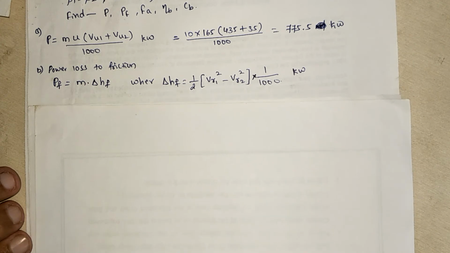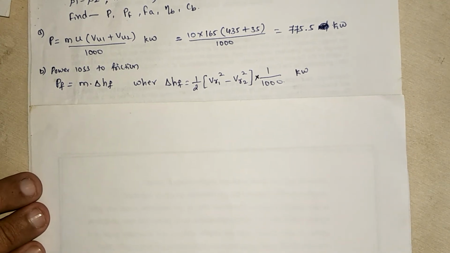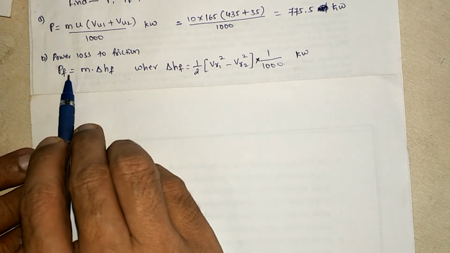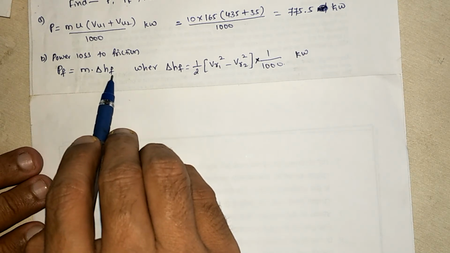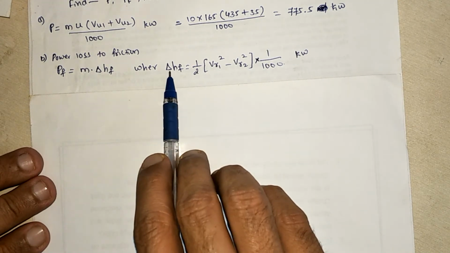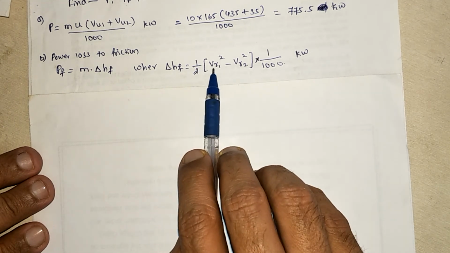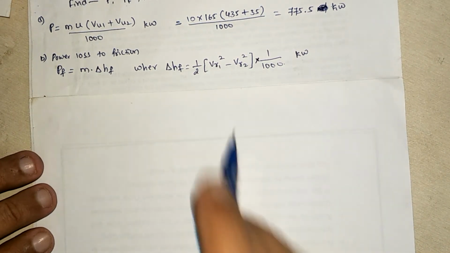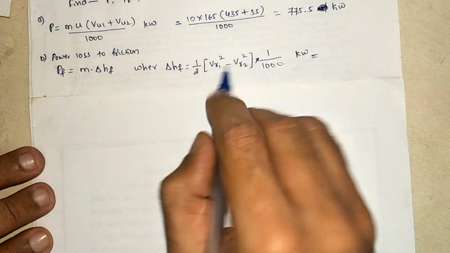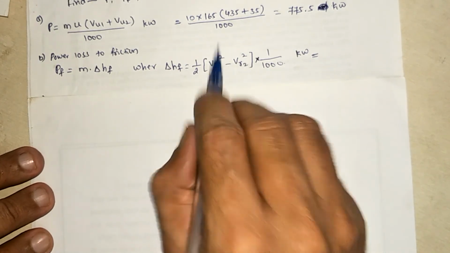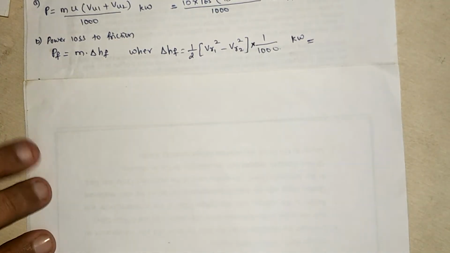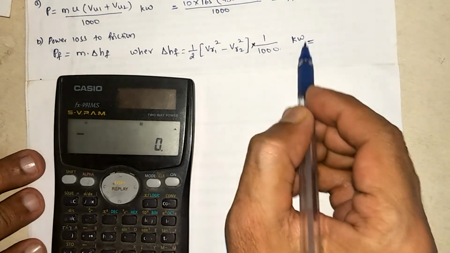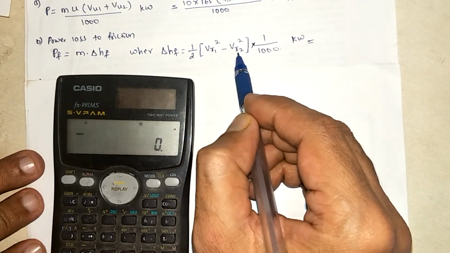Next part is the power loss. Power loss due to friction, PF, is given by m into delta HF, where delta HF is given by 1 by 2 into bracket VR1 square minus VR2 square, into 1 by 1000. First we'll calculate delta HF, because we know the values of VR1 and VR2.